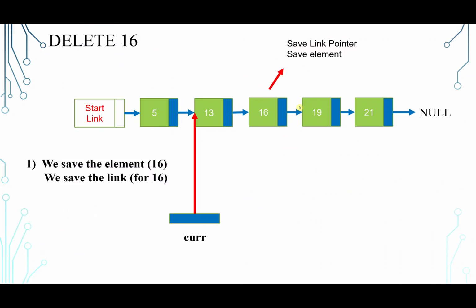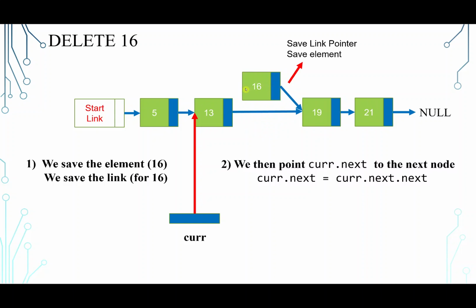So what we are going to do: one, we save the element 16 in case you want to return it, if your function delete is returning an item. So we save the element 16 and we save the link for the 16, which is this one. So save the link pointer and save the element. Two, we then point current.next to the node after 16, which is basically 16.next.